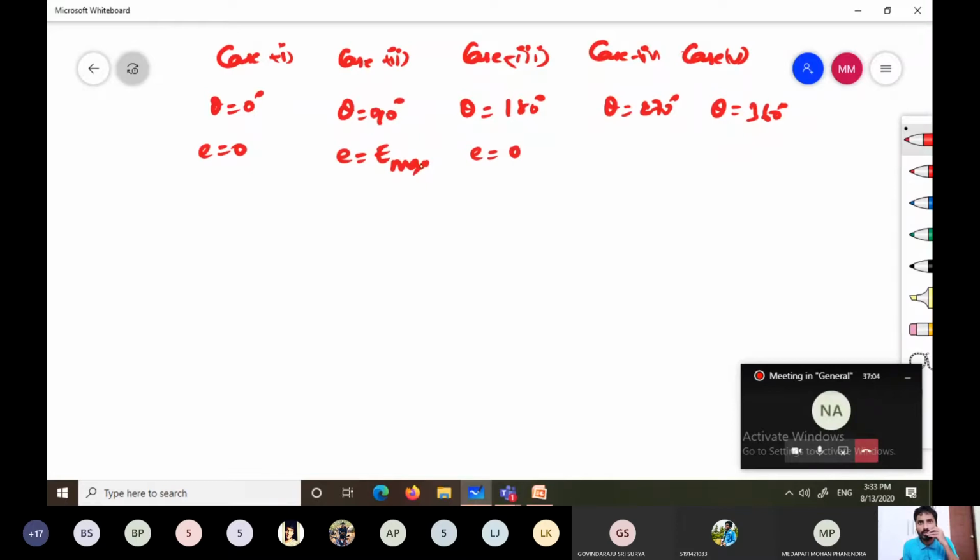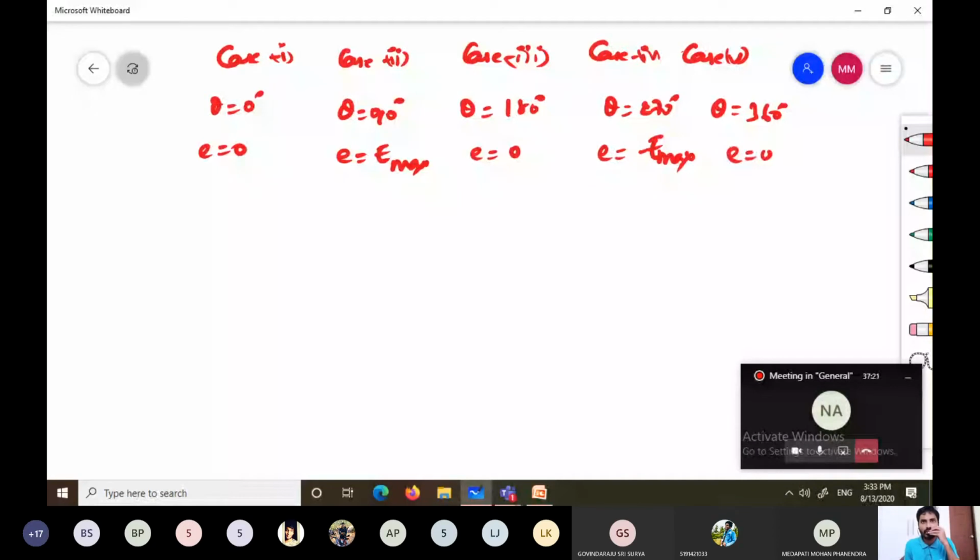At 270, it is opposite to that of 90 degrees, so E equals negative Emax. And theta equals 360 is equal to theta equals 0, so the EMF is 0.